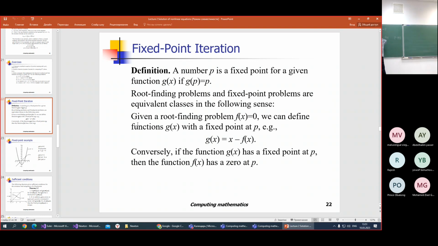It means that f of x has a root at the point p, f of p equals 0. So we can reformulate these problems. If we have a root finding problem, we can formulate a fixed point problem based on this one, and vice versa. If we have a fixed point problem, we can reformulate it as a root finding problem, and so on.